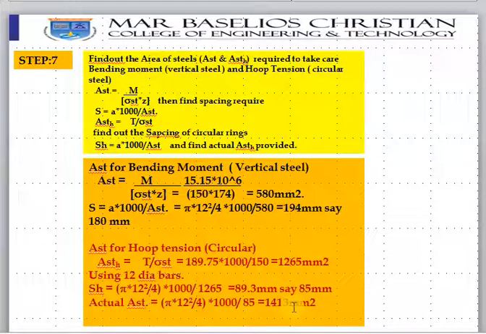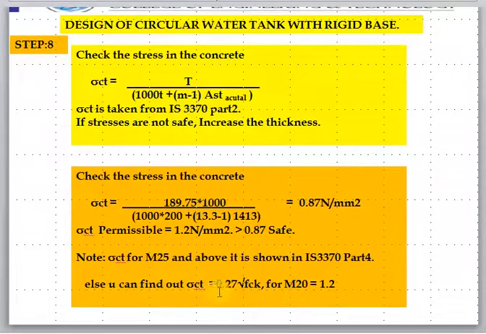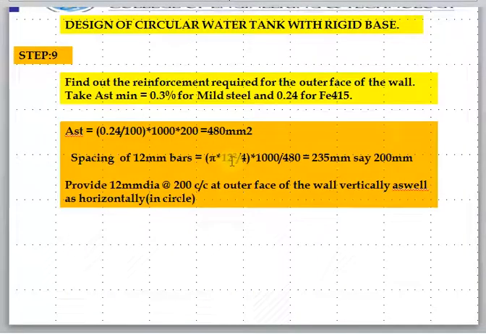Okay, then on your outer face, you have this reinforcement. Where is that? This reinforcement. Okay, this is also 12 dia, both the vertical and circular at 200 center to center, because we will use it for detailing actually. Okay, so it will be more clear for you.